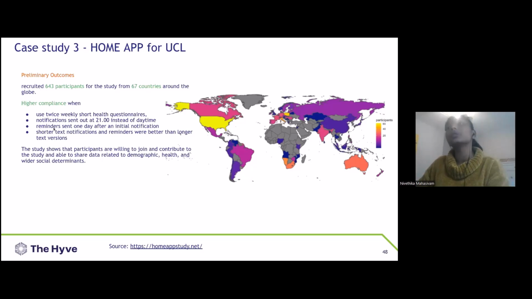So this data shows what results in higher compliance. For example, twice a week questionnaires are more appreciated than once a week. Then people tend to forget about the study.